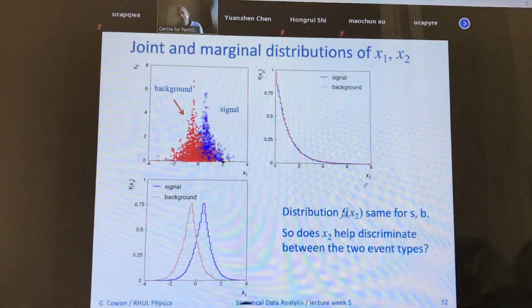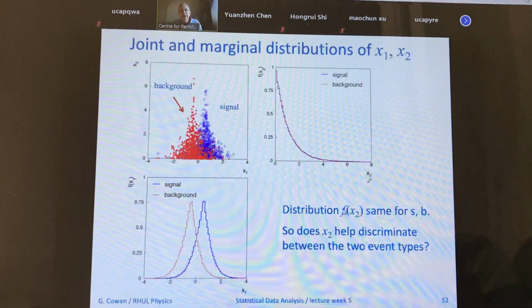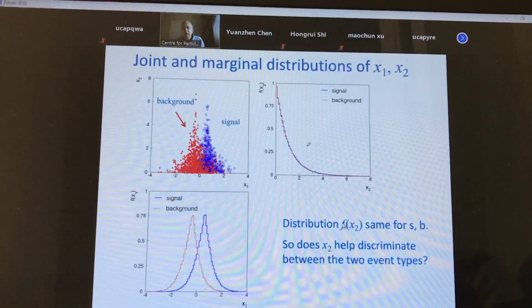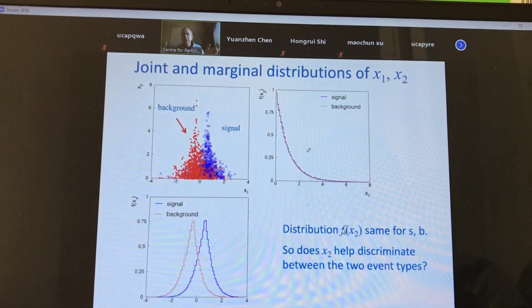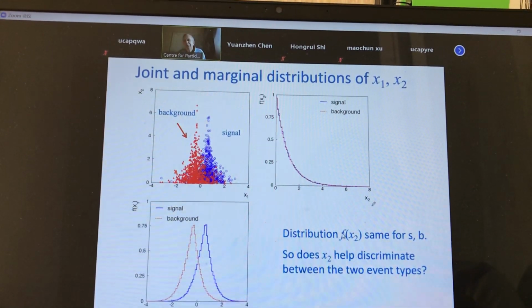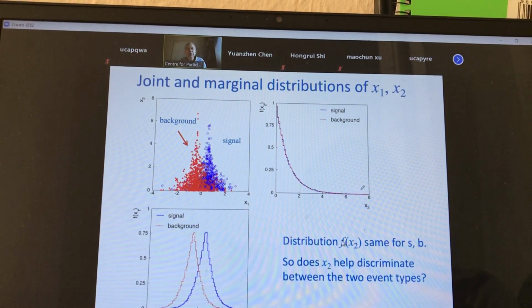But then you look at x2, and you might ask the same question. Does x2 help at all? If I were to construct a feature vector, would I include this information from x2? It has absolutely no discriminating power between the two hypotheses.